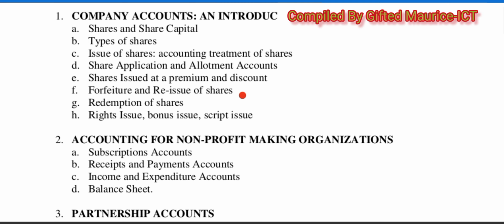So we are therefore saying that shares can only be issued at a discount if they are being issued for the second time, having been cancelled the first time.